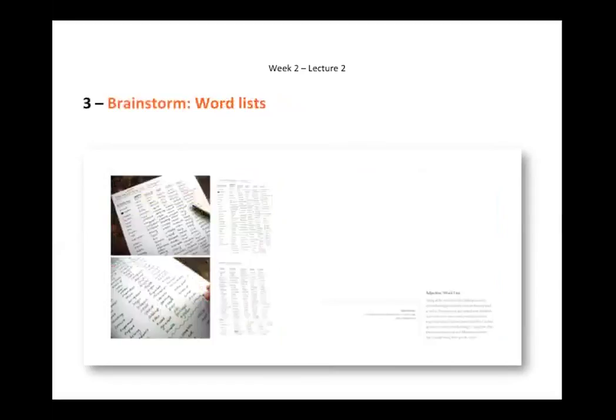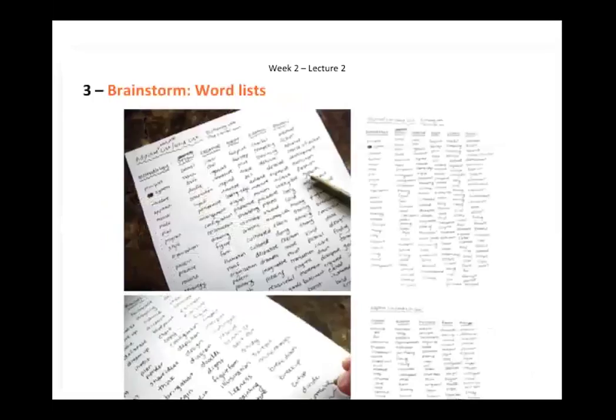Then I would find more words that stemmed off from there. So it was like a word map of word lists. This definitely helps me understand how I'm going to design this logo or this piece and the mood of the piece, because all of these words are very supportive of the elements that I choose.